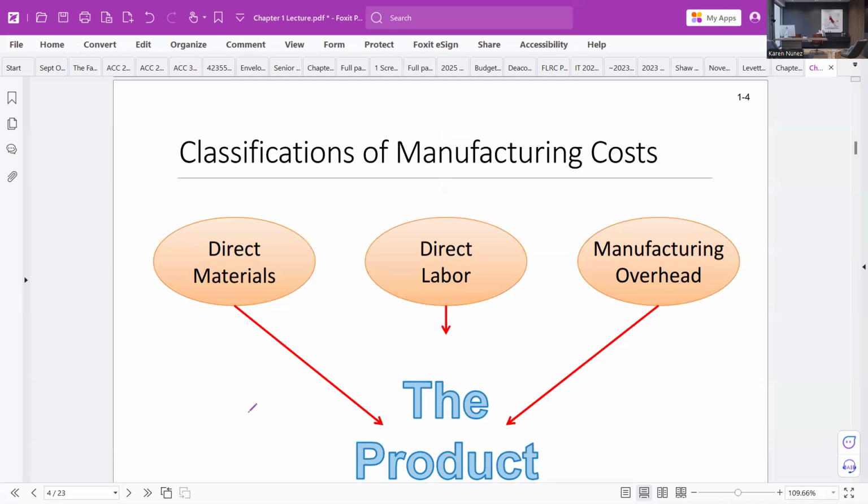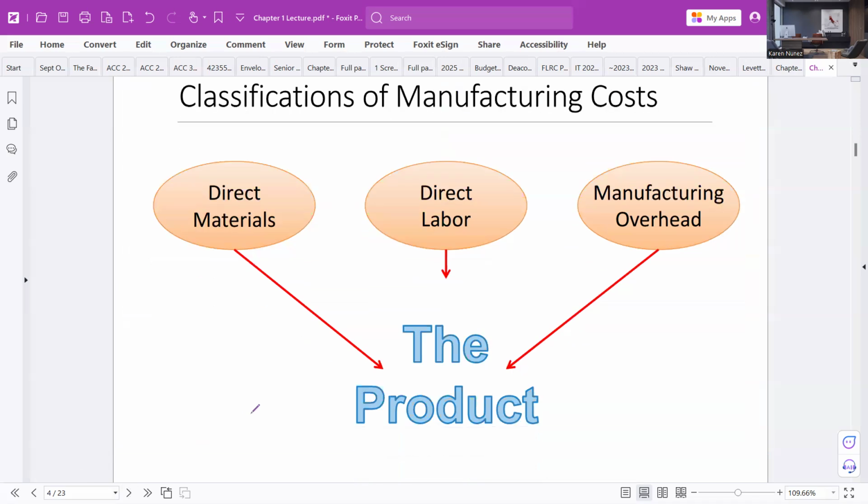From a manufacturing standpoint, these costs are direct costs and indirect costs. Again, good examples of the direct costs are what we're going to refer to as direct materials and direct labor. And then manufacturing overhead will be everything else in that manufacturing environment that is related to manufacturing.